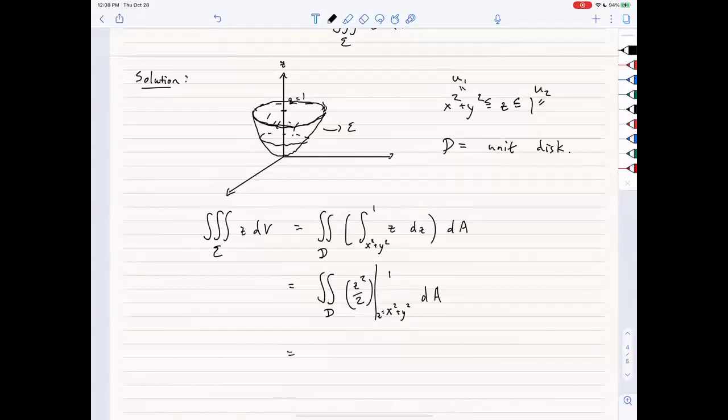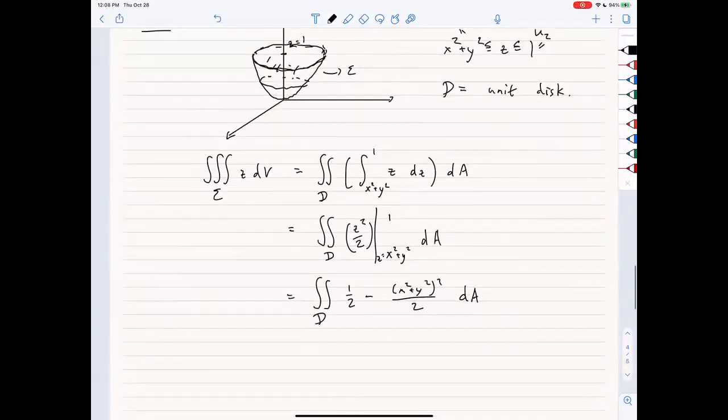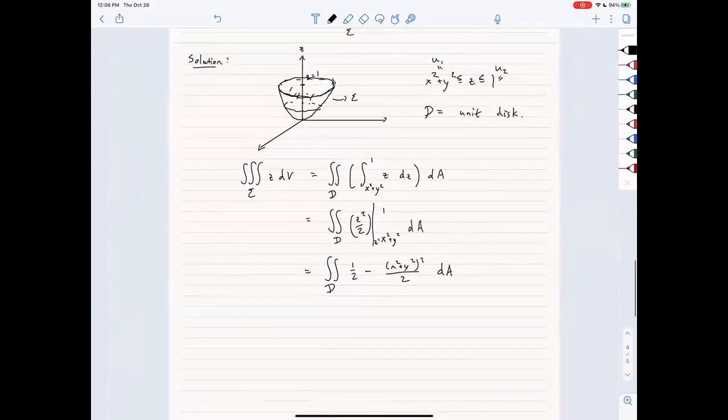Okay, this isn't too bad. Double integral over D of 1/2 minus (x squared plus y squared) squared over 2 dA. Or if you want, I'll pull the 1/2 out just to simplify the look of this: 1 minus (x squared plus y squared) squared.